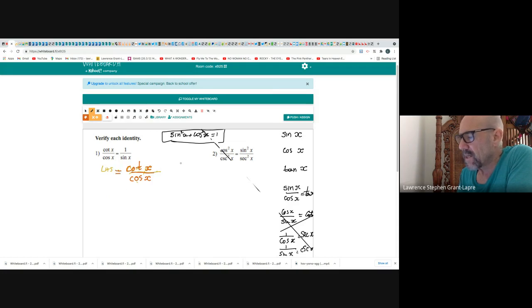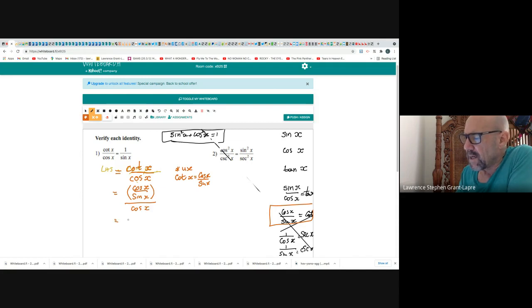Now cot x, let's use the cot x equals cos x over sine x. So let's replace cot x with cos x over sine x, divide that by cos x.